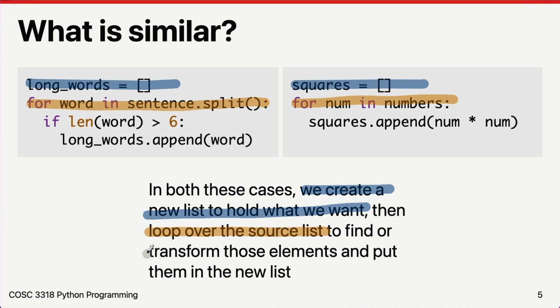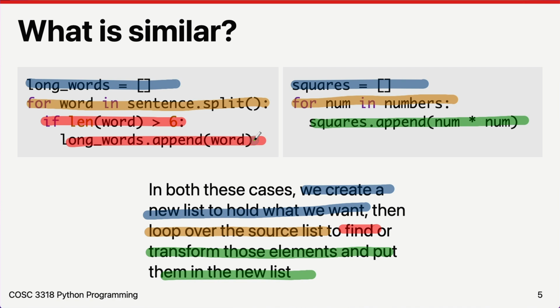And then finally, we transform those elements and put them in the new list. And so in this case, here we're transforming it by doing squares. And in this case over here, we're finding or filtering. Here we're finding it and then adding it to the new list. So you can see that the steps are kind of the same in both of these.